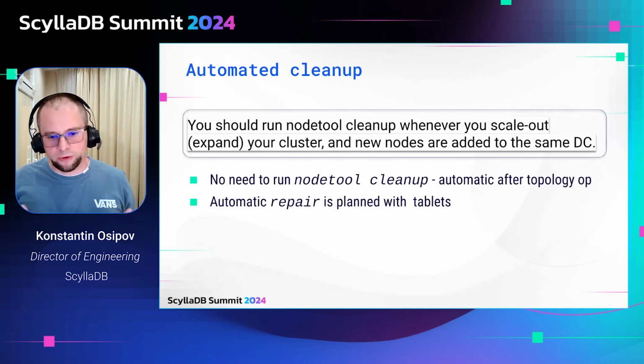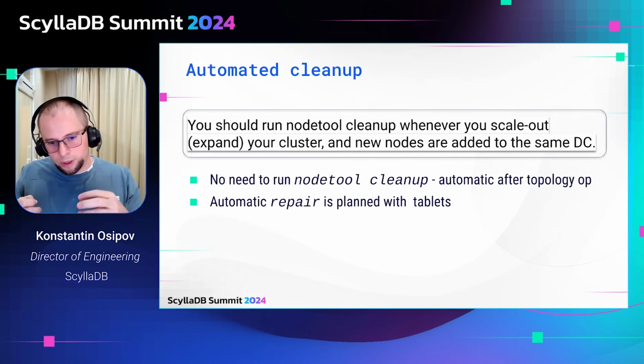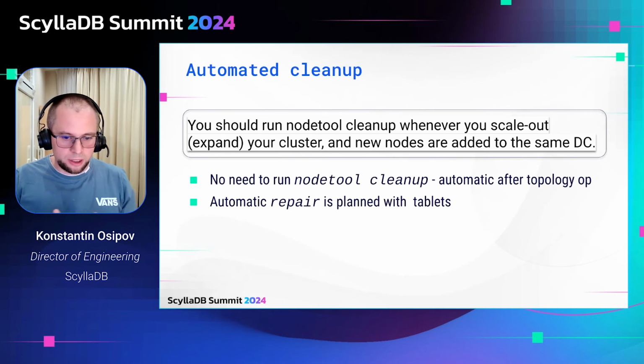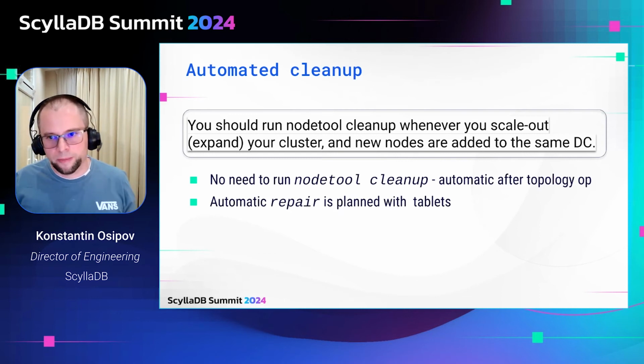Imagine you move the data from a node, and the streaming is succeeding, running fine, but in the end, for some reason, the topology change fails.